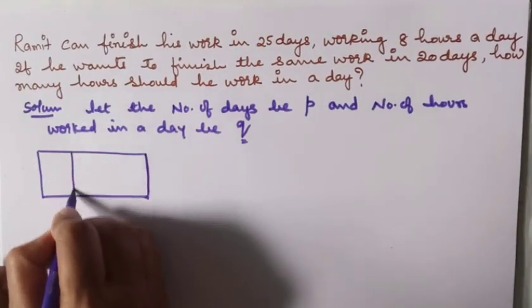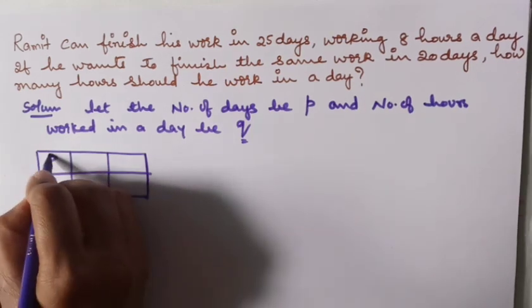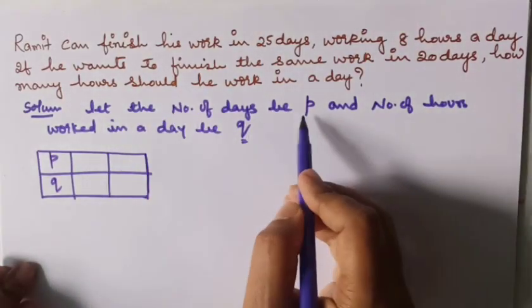What you are going to get? P and Q. P are the number of days.